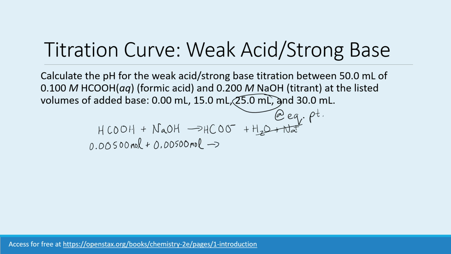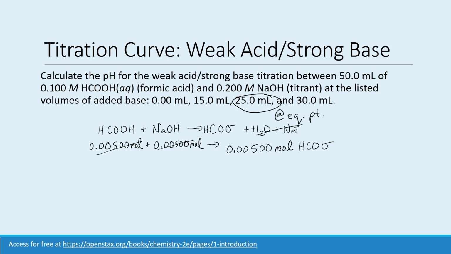So all of that is going to react, and you could draw out a BCA table if you'd like, but it will react to form the 0.005 moles of your conjugate base. Okay, and so that's what's in solution is your weak conjugate base.